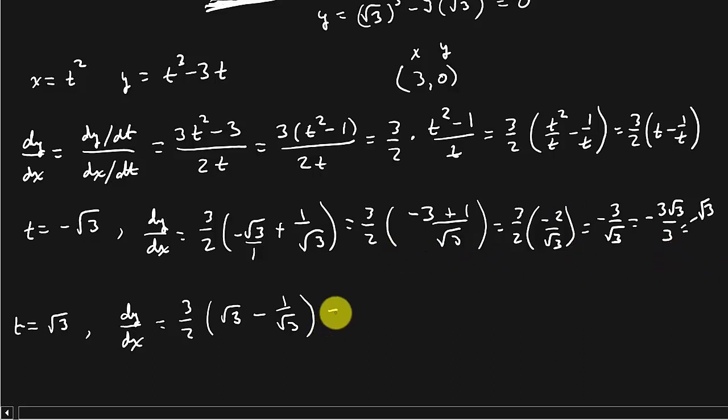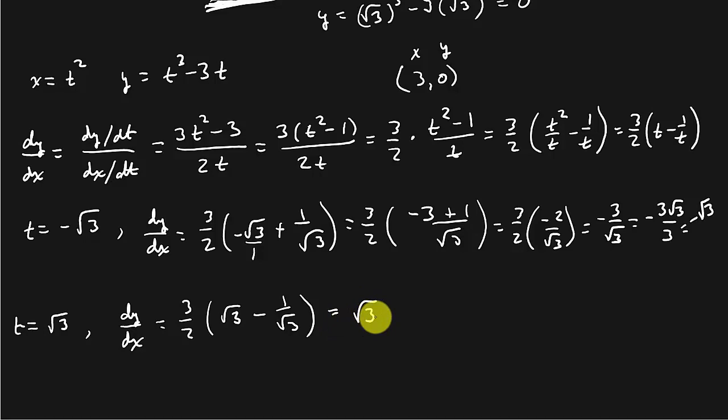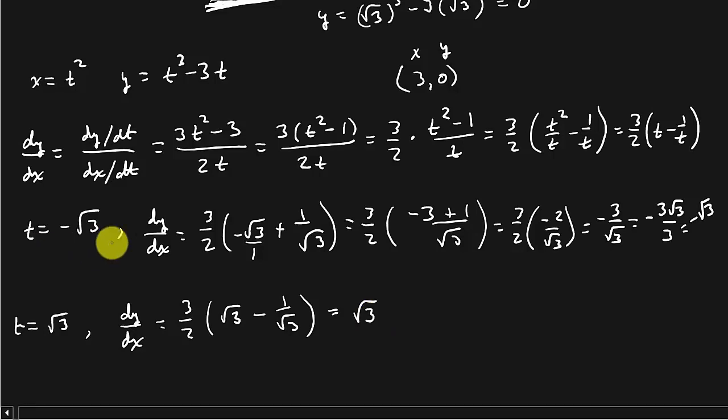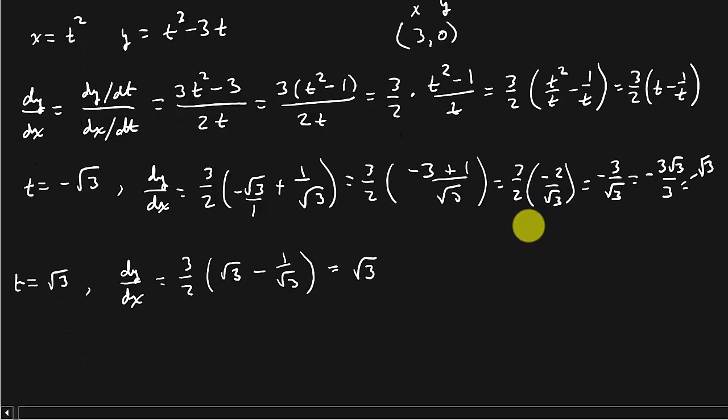It's the same thing, but what you would end up with is square root of 3. Just keep in mind, I'm working two problems, finding two equations, for t negative square root of 3 and t positive square root of 3. I just went ahead and found both slopes.